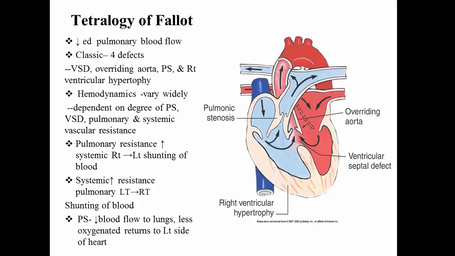In this case, the shunt direction of the blood depends on the difference between the pulmonary and systemic vascular resistance. If the pulmonary vascular resistance is higher than the systemic vascular resistance, then you're going to have right to left shunting of blood. If your systemic vascular resistance is higher than your pulmonary vascular resistance, then you're going to have shunting of blood from left to right.